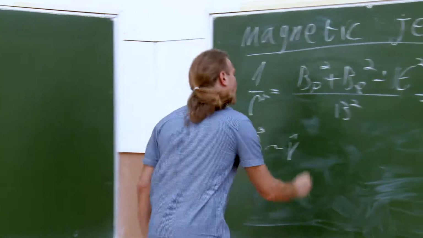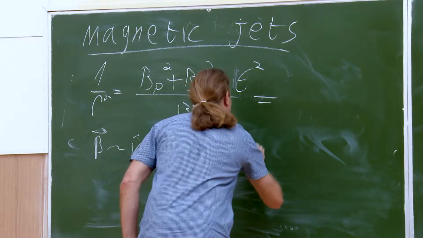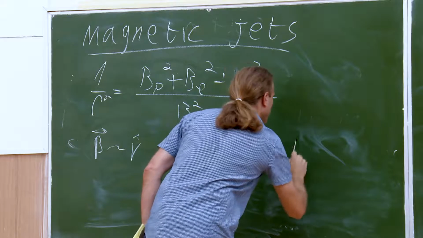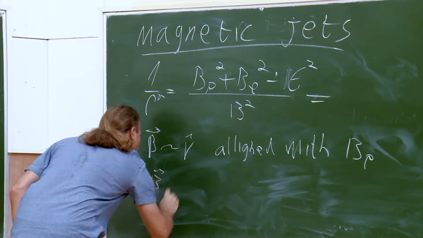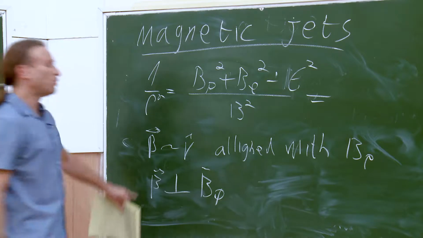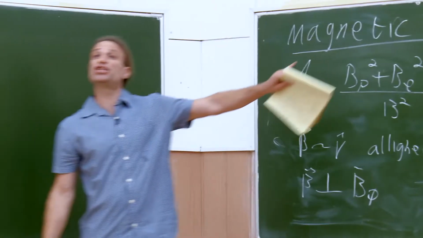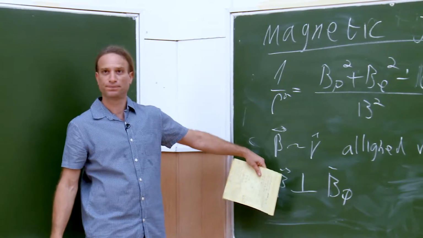So this is roughly aligned with BP, and beta is roughly perpendicular to B phi. Now this is true at large distances. This is less true at small distances, but I'm still going to assume that.